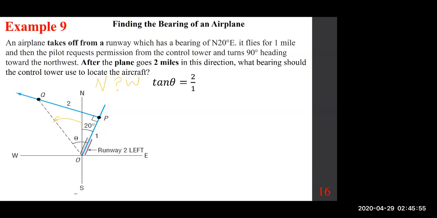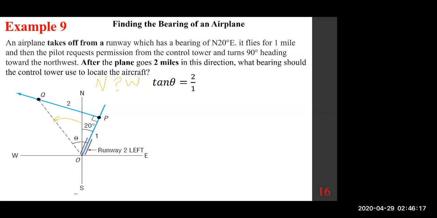So the opposite is PQ over the adjacent, which is OP. 2 over 1.